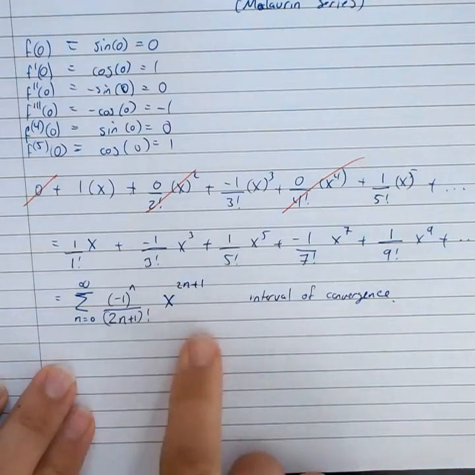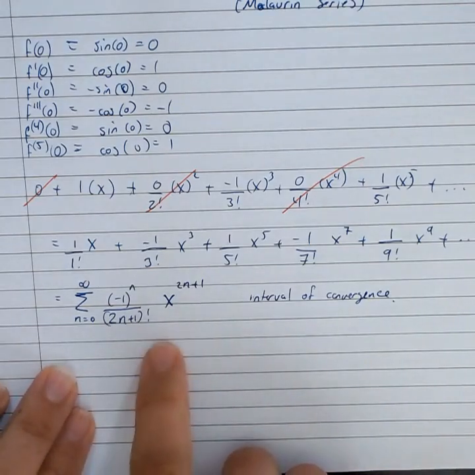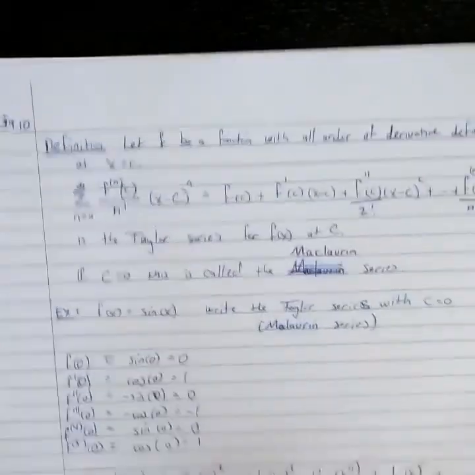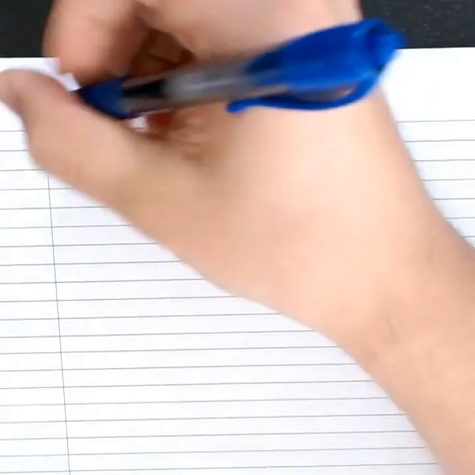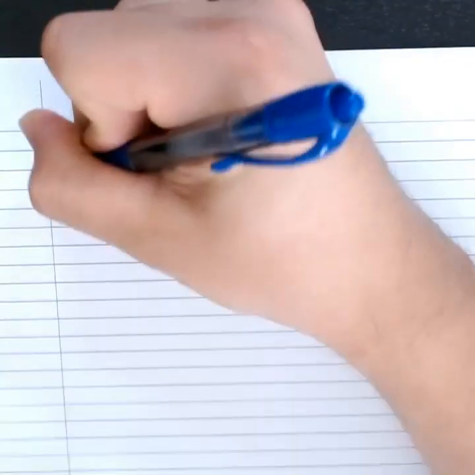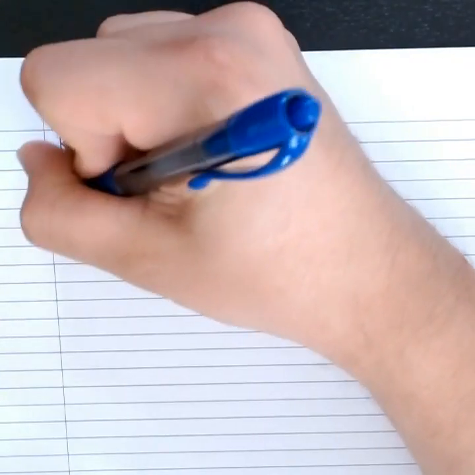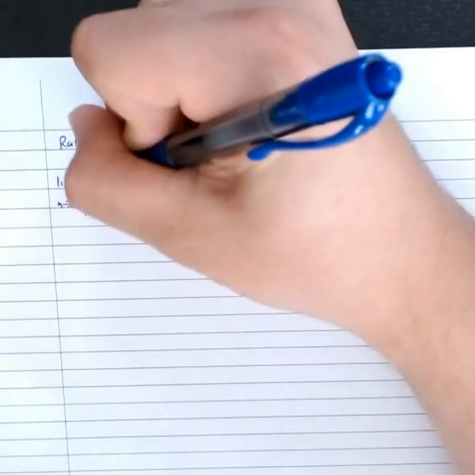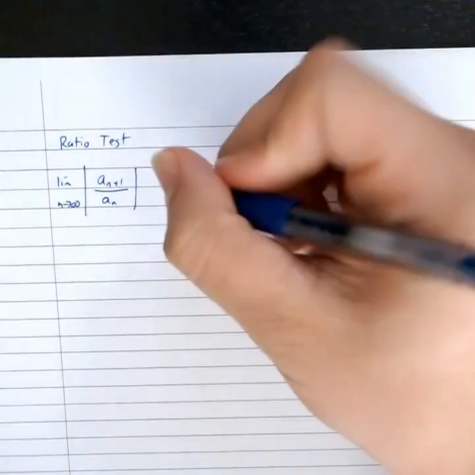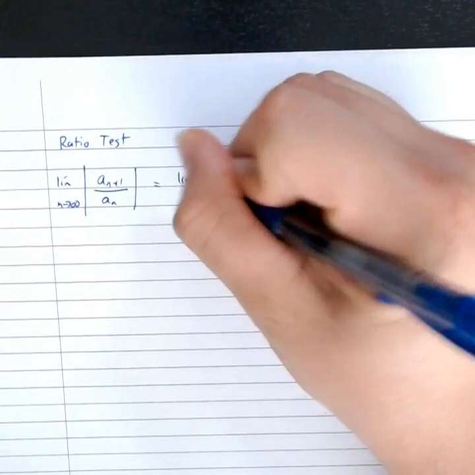All right, well, the interval of convergence of this thing, let's go ahead and use a ratio test and find out. So let's go ahead and perform the ratio test, which wants us to take the limit as n approaches infinity of the absolute value of the n plus first term over the absolute value of the nth term, like this. Here are our terms.